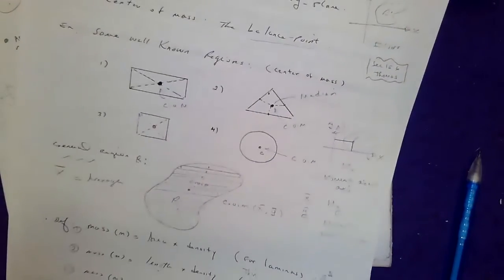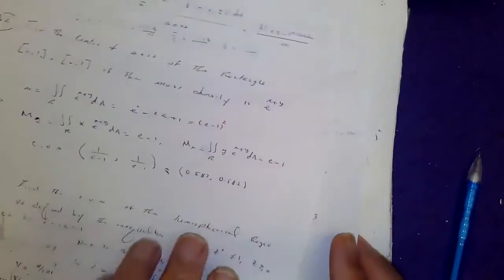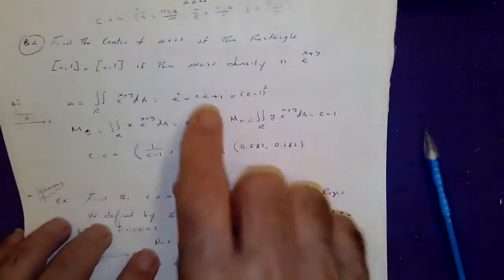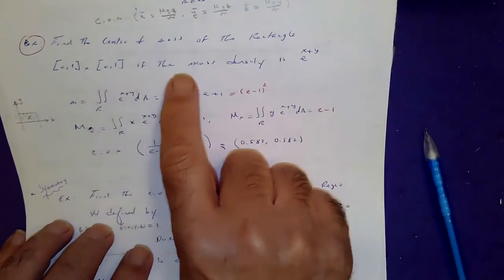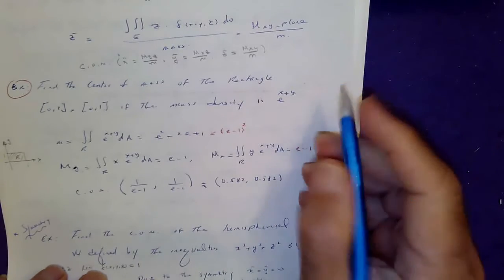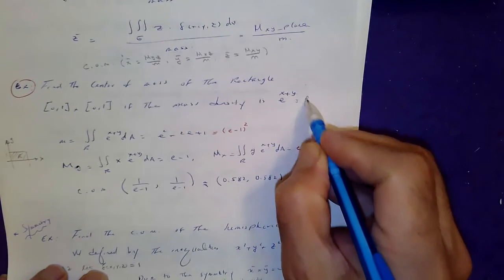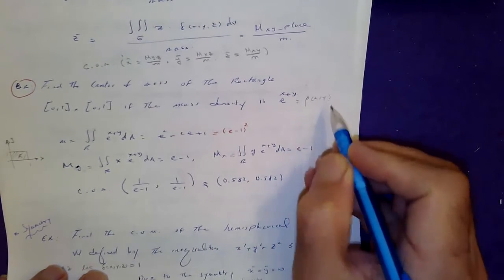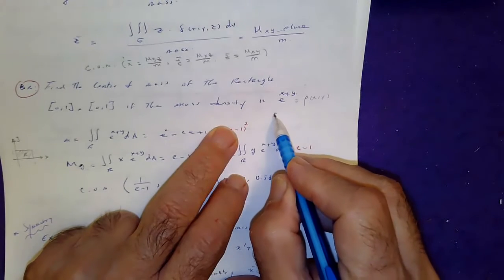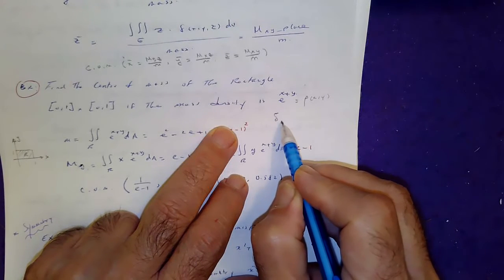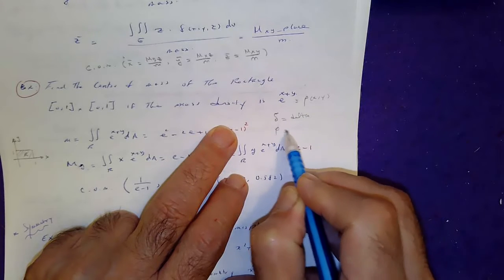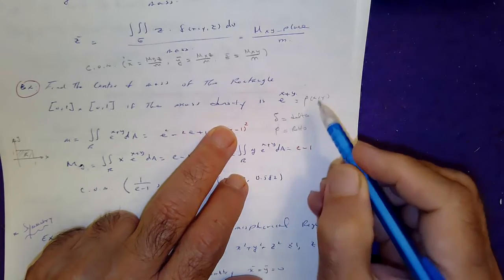So with that said, how would you find the center of mass of a rectangular region if the mass density is a function of xy? In other words, rho or delta. Remember, we show the density using either the Greek letter delta or rho.